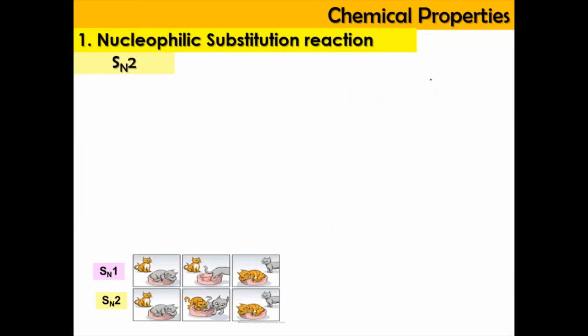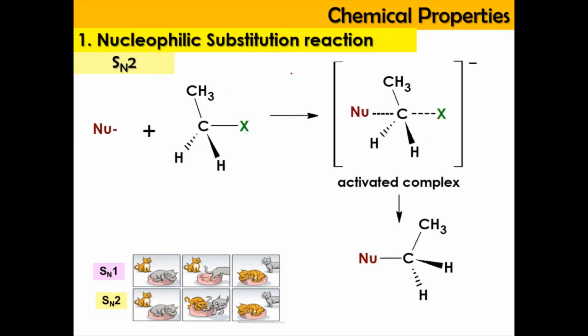Meanwhile, for SN2, as you can see here, it involves only 1 step. The strong nucleophile is used here, and it will directly attack the electrophilic site.